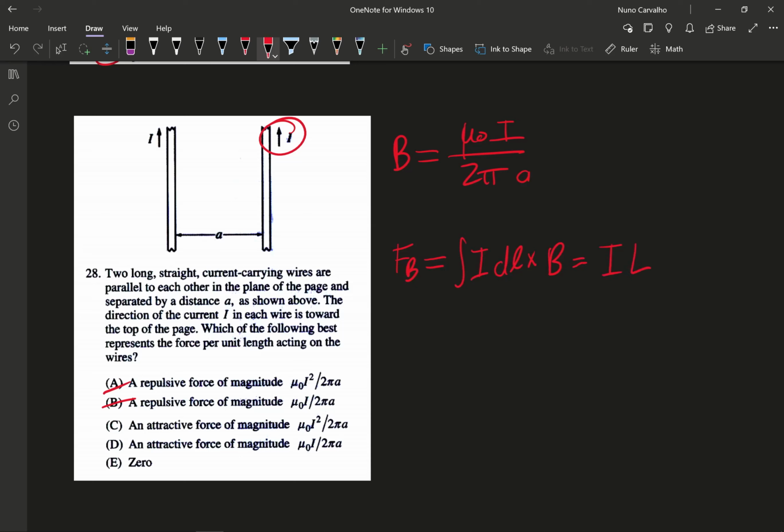All that really is saying, at least here we can assume because the magnetic field and the current are perpendicular, and also it's the same current and same magnetic field throughout, we can just say I times L times B. Well, we want to know the force per unit length, which is really just saying F_B divided by L. And then we can plug in the B here that we got from up here to get something that looks like this. And so we can see here that the correct choice will be C.